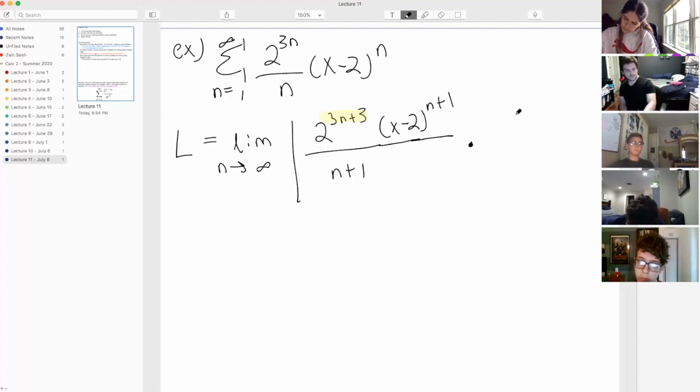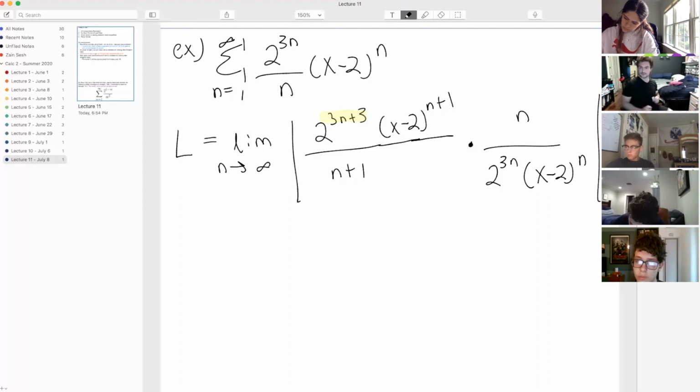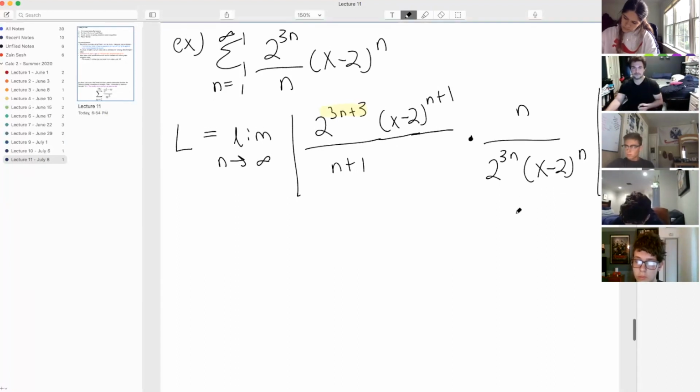So this will just be n over 2^(3n) times (x - 2)^n. There we go. Very good. So we're going to get a lot of nice cancellations here. So this will be the limit as n goes to infinity. Well, let's take care of these powers of 2. This is going to be 2^(3n) times 2 cubed.